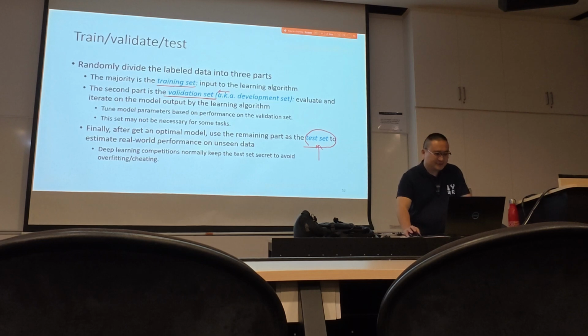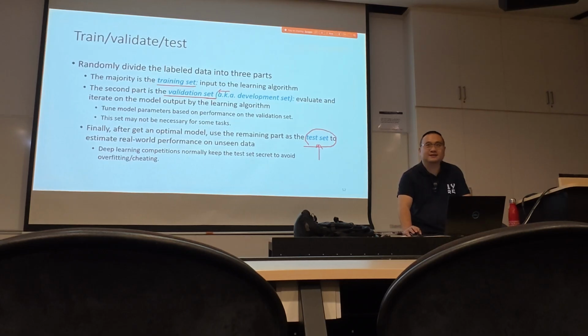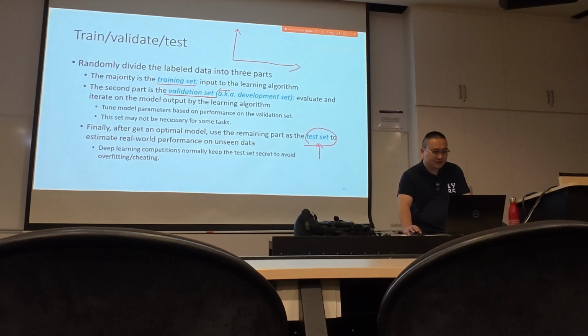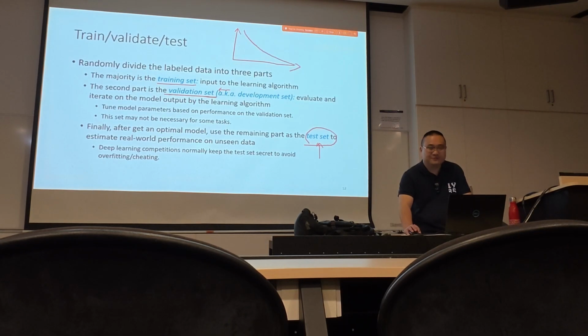This is because when you train a model, it's very easy for the model to remember the training data set, especially for deep learning. For example, this is a graph for the loss function, and it's very easy for the loss function on the training data set to decrease rapidly to 0.